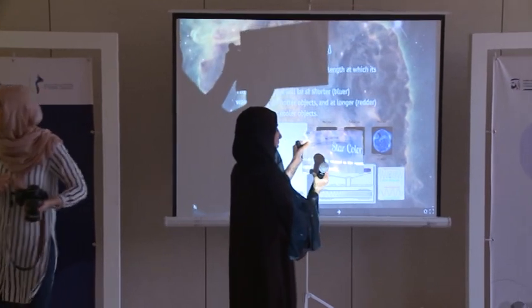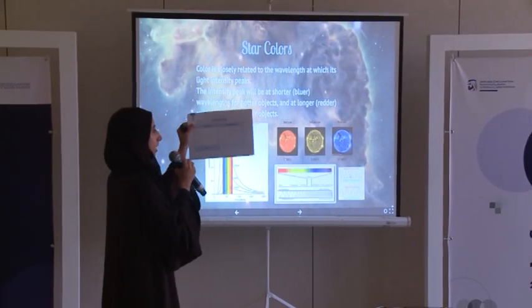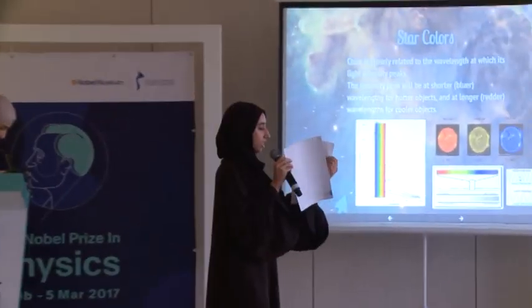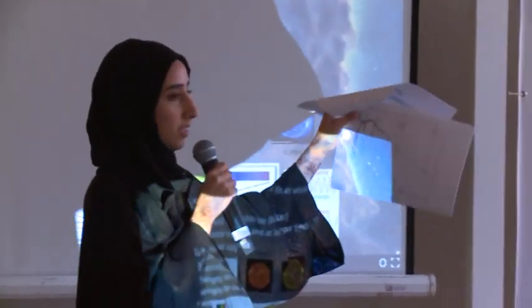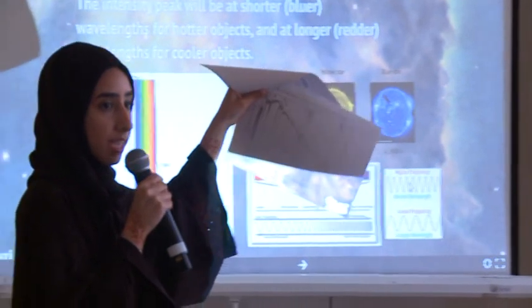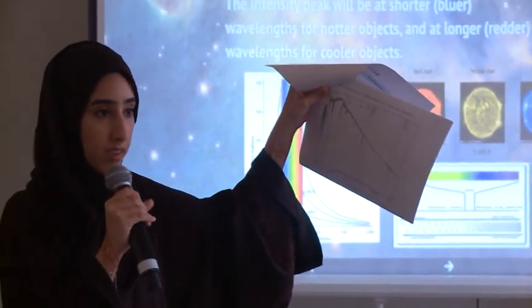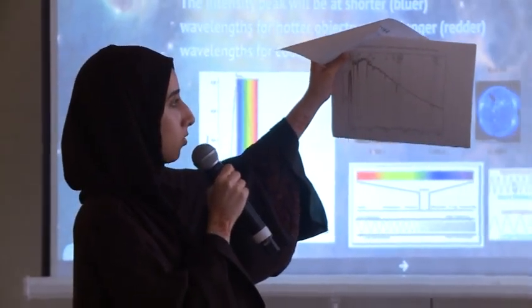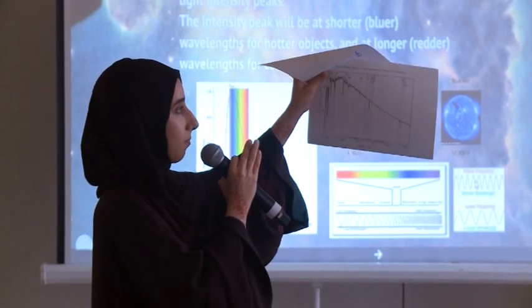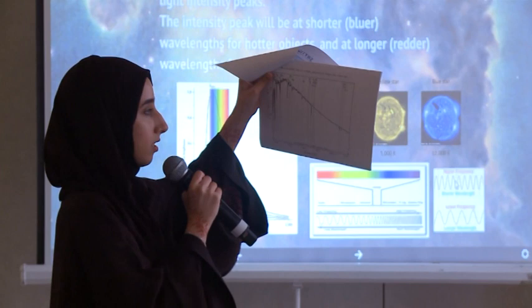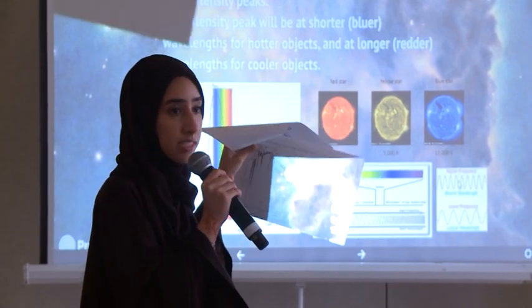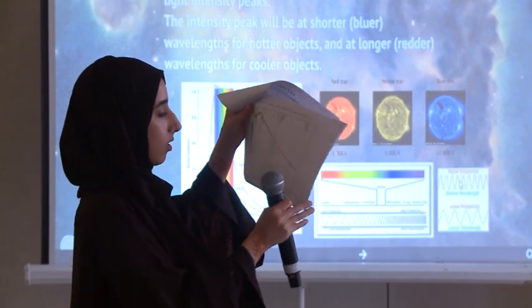Okay, so you would see here we have the activity. You will notice that we have a spectrum. We have a couple of spectrums, I think four, and each spectrum is for a specific star. What I want you to do is check on the spectrum and see where the highest peak is, so that you know the peak wavelength.